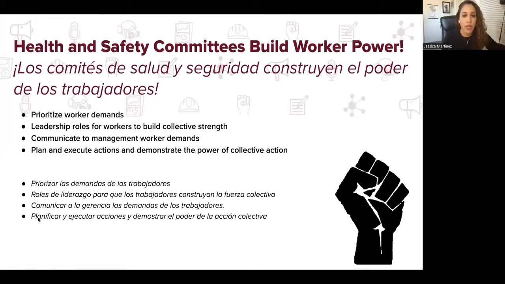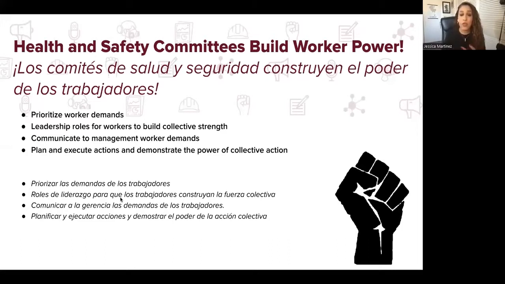Again, the theme of this session is how health and safety committees build worker power, and at its core, organizing is about winning change through collective action around an issue that workers care about. So this collective action of building a committee is definitely a pathway to building worker power. Health and safety committees build worker power in different ways: one is to clearly define and prioritize worker demands for safe workplaces.